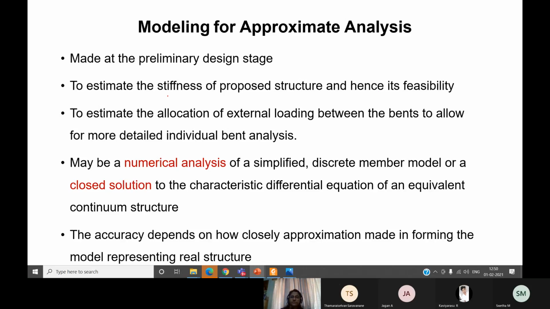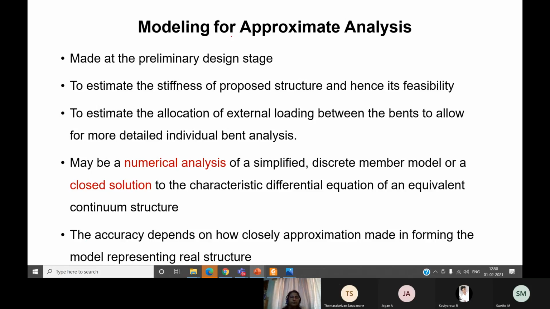Stiffness is the ability to deform. So to estimate the stiffness of the proposed structure and hence its feasibility, to estimate the allocation of external loading between the bents, that is, between the vertical elements, how the external loading has to be allocated, and to allow for more detailed individual bent analysis.